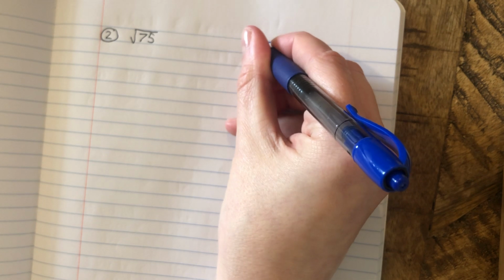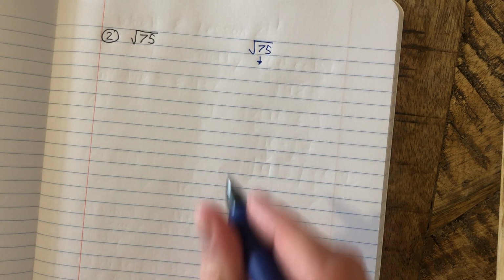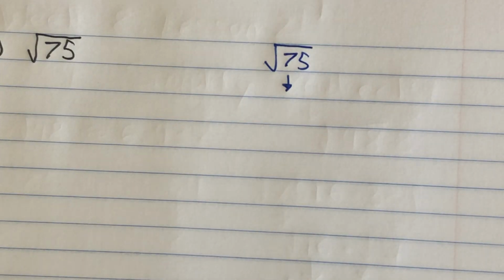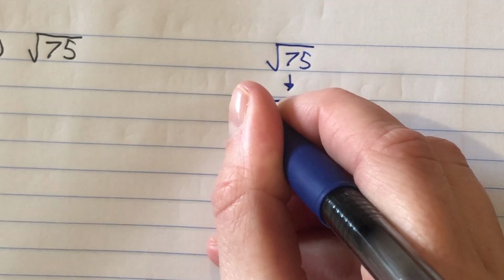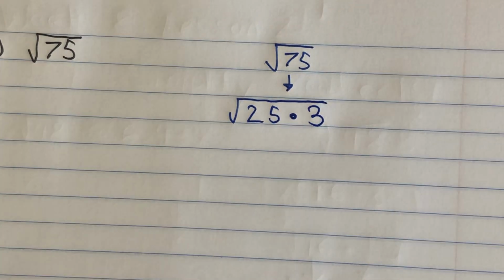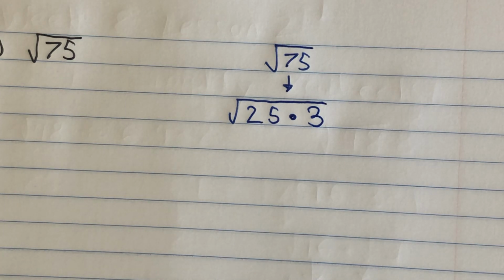So I know now that the square root of 75 can be written as, sorry, I can zoom in here too, maybe it will help us see a little bit better. The square root of 75 can be written as the square root of 25 times 3, because 25 times 3 gave us 75.